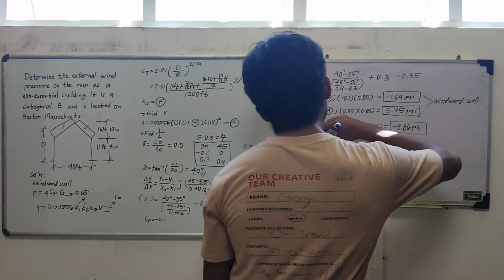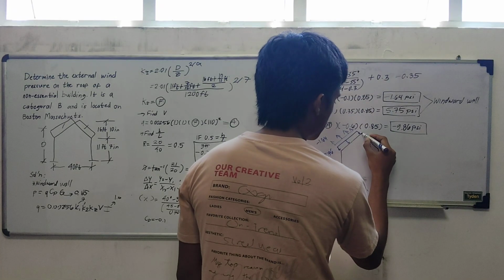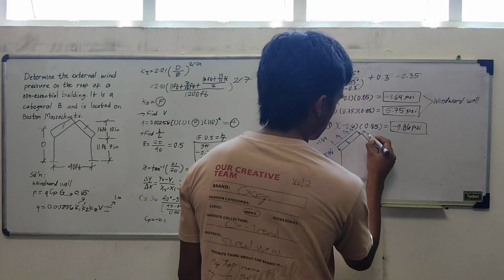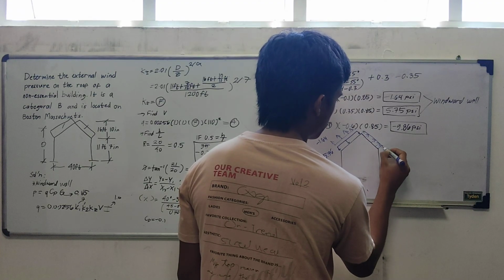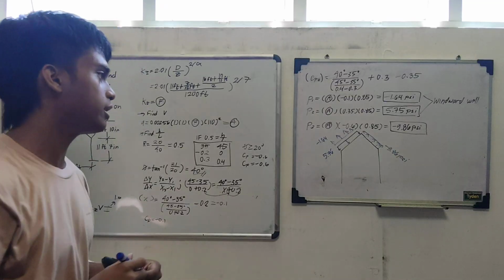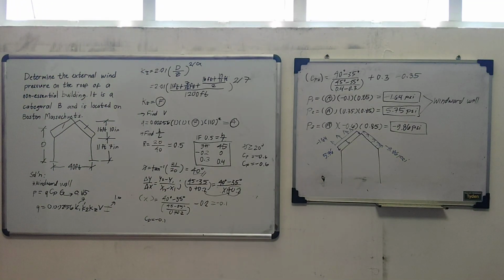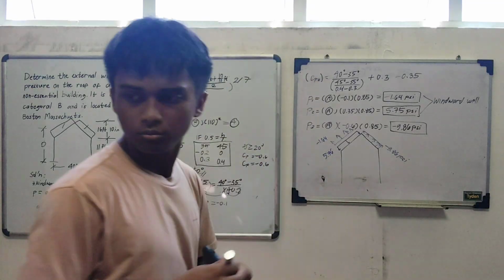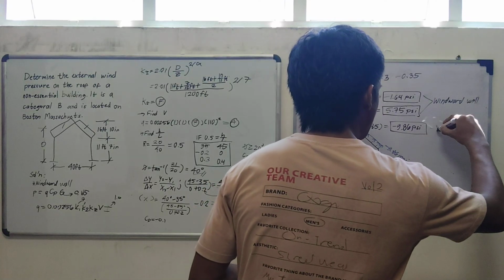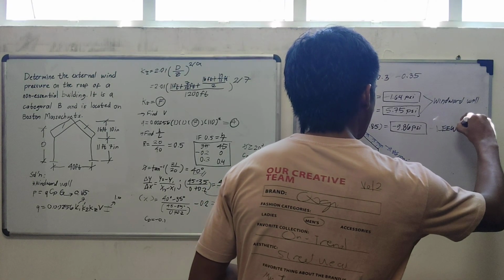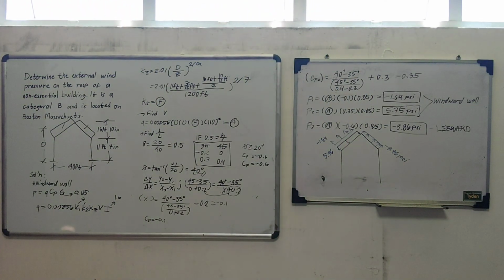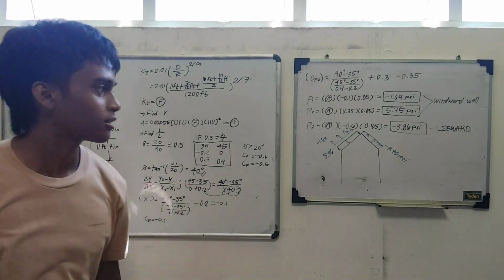This is 1.64, going like this, upward. Oh, negative. 9.86 PSI. Then, give it a shade, which is the leeward. So, leeward. That's terrible, but it's okay. Alright, it looks fine.